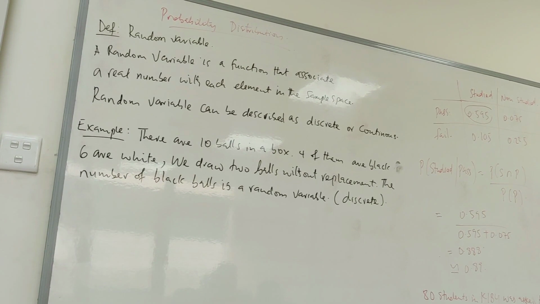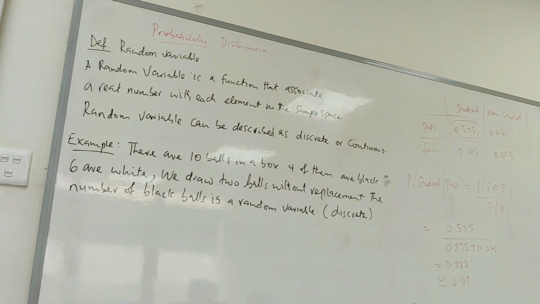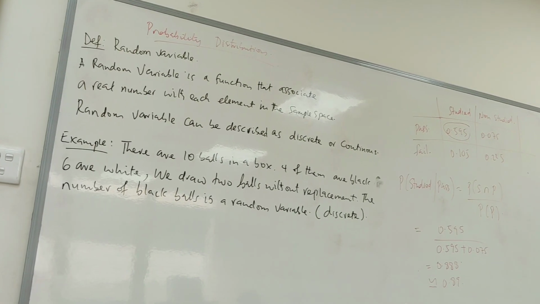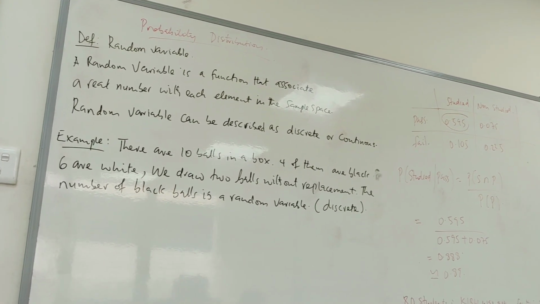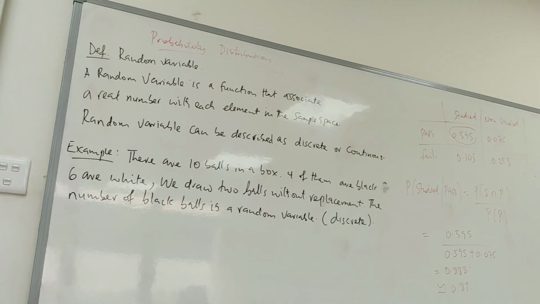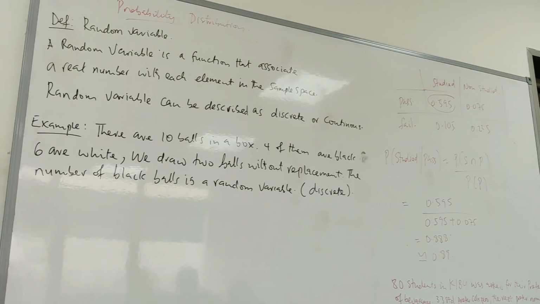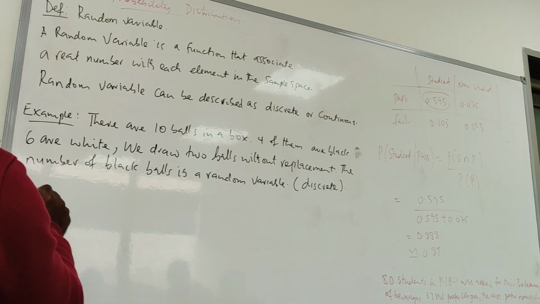Similarly, I'm going to give you an example of a continuous random variable, after which I will give you the definition of discrete probability distribution. So another example for continuous random variable.